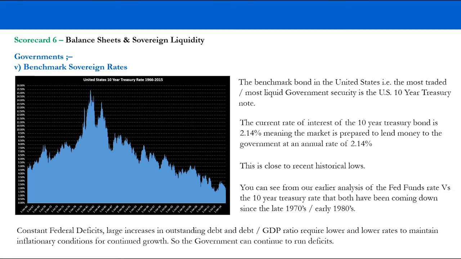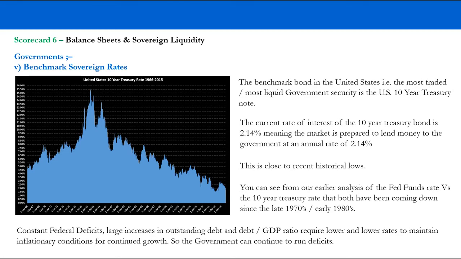And that's because constant federal deficits, so constant government deficits, large increases in outstanding debt and a high debt to GDP ratio require lower and lower rates of interest to maintain inflationary conditions for continued growth. So the government can basically be allowed to continue to run deficits. So low interest rates are actually required.